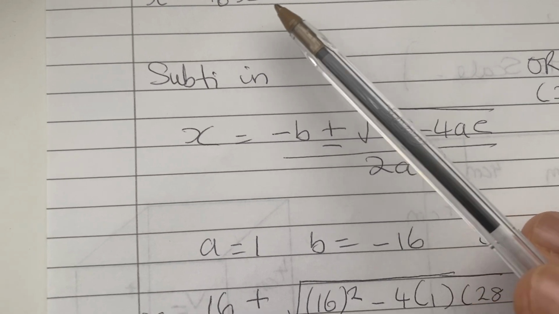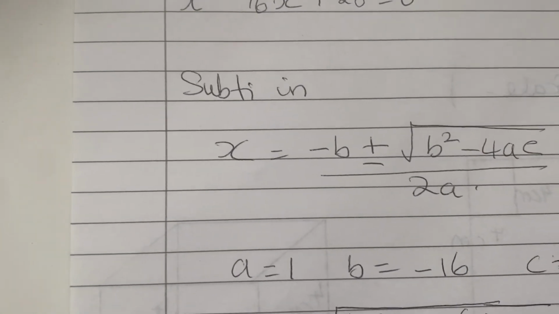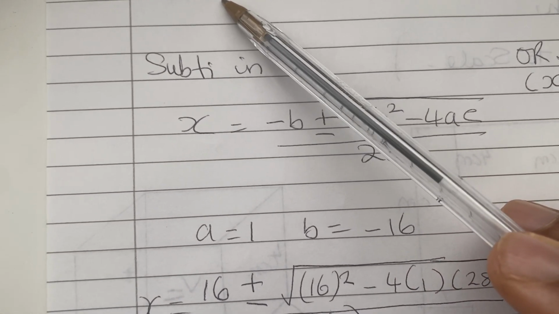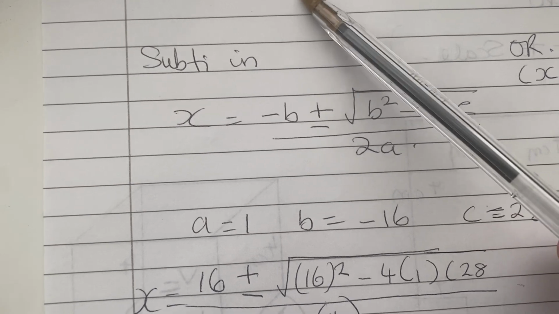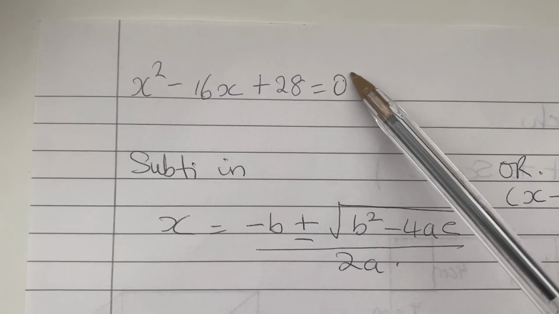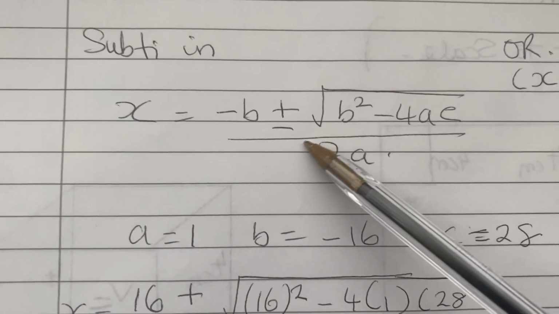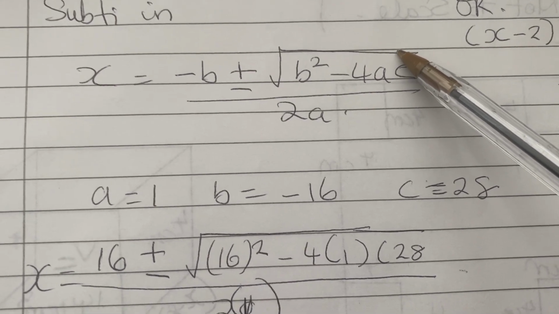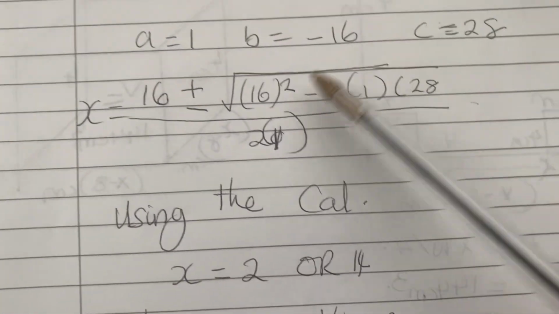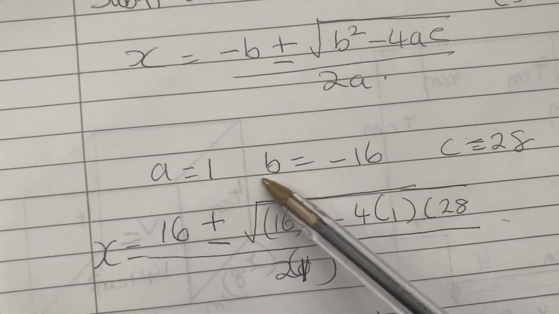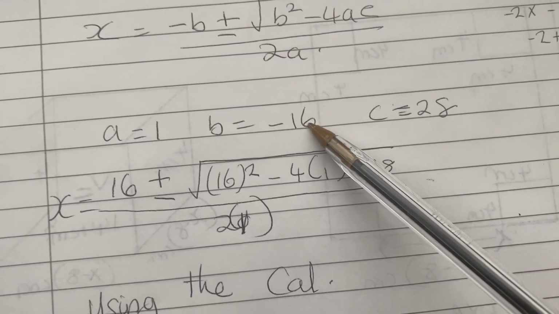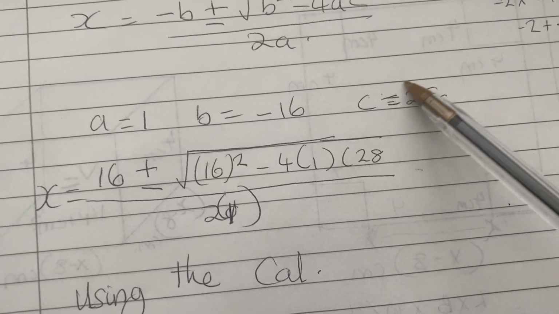So instead of using the quadratic formula, I can say x squared minus 2x minus 14x plus 28 equals 0. But I can also use the quadratic formula. If I can quickly do that one: a equals 1, b equals minus 16, and c equals 28.